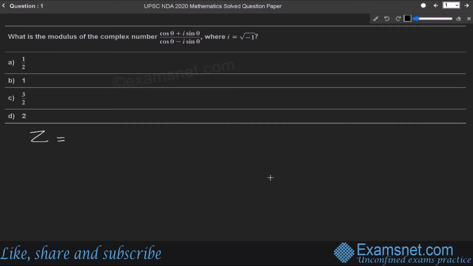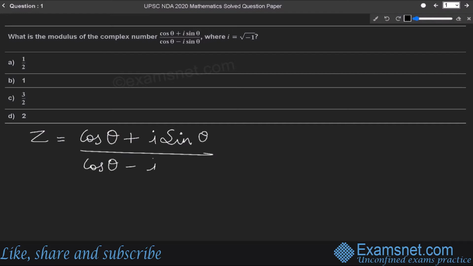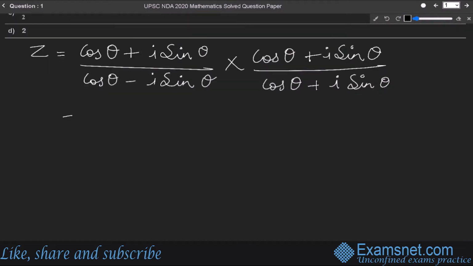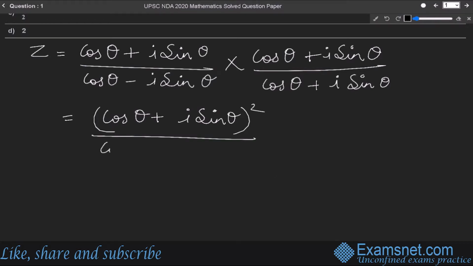Let z be equal to (cos theta plus i sin theta) upon (cos theta minus i sin theta). Now rationalizing it, it will be (cos theta plus i sin theta) upon (cos theta plus i sin theta). Further solving it, we will get (cos theta plus i sin theta) whole square upon (cos square theta minus i sin theta square).